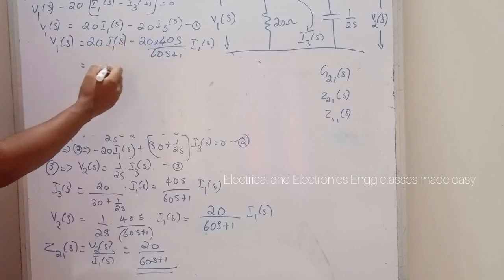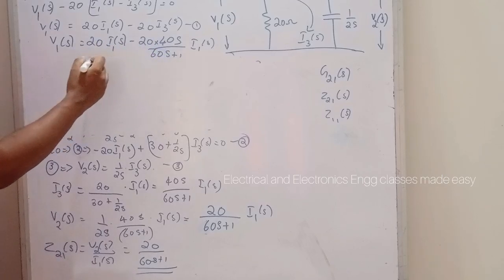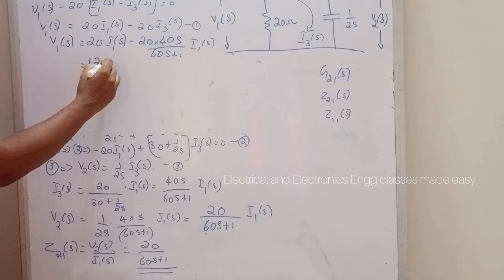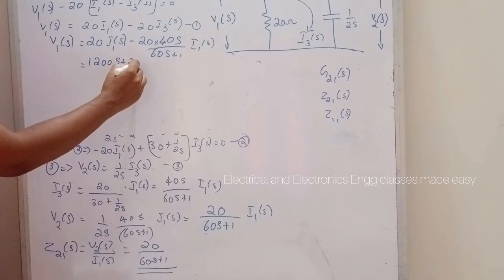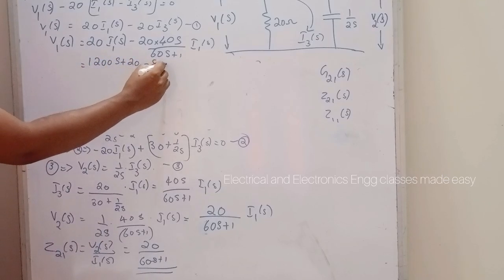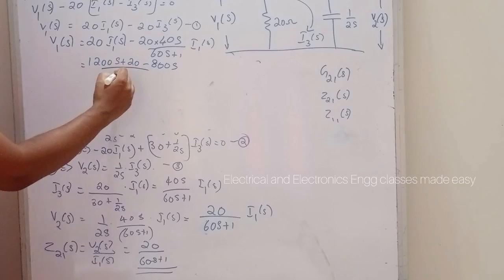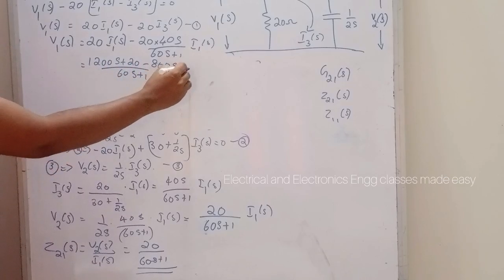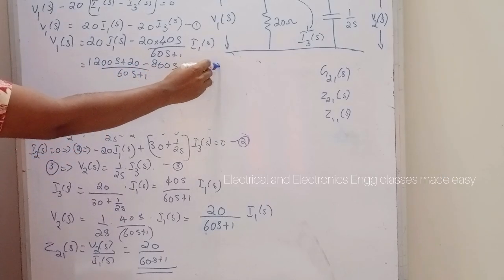So we have to take the LCM. So 20 into this one, that is 1200s plus 20 minus 800s divided by 60s plus 1 into I1(s).